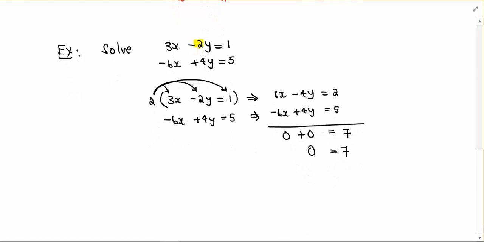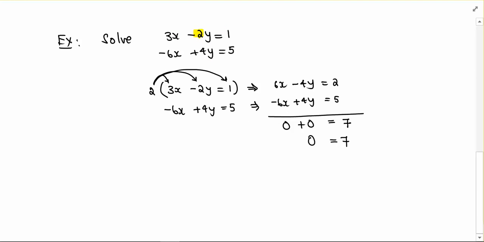Now this is not something that you should be scared of. We've recognized this situation. This is the no variables and false statement case. This is false.